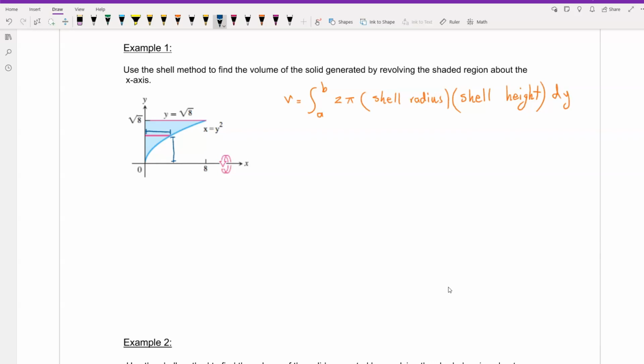And on this part we have the interval of integration. So this part here, we have shell radius, and that is the distance from the x-axis to an indicated y value. So in this case we have y. So the shell height changes for different values of y.